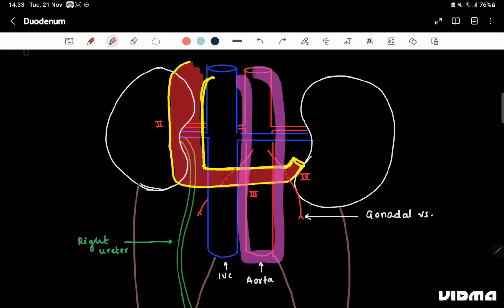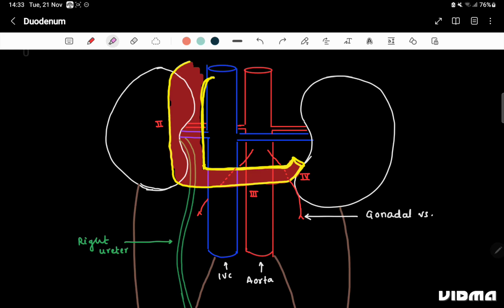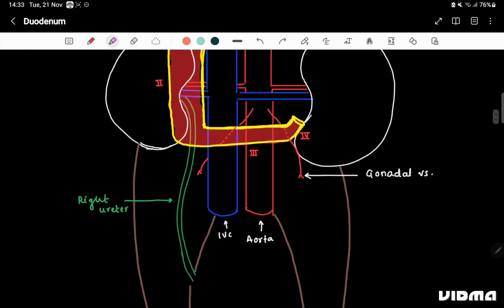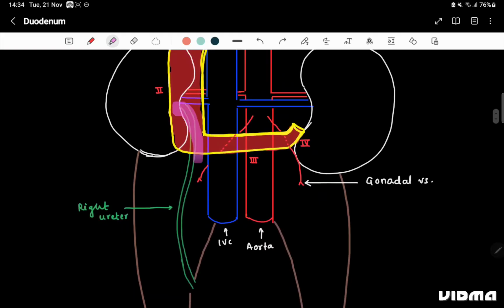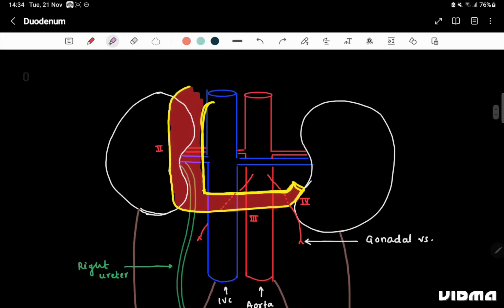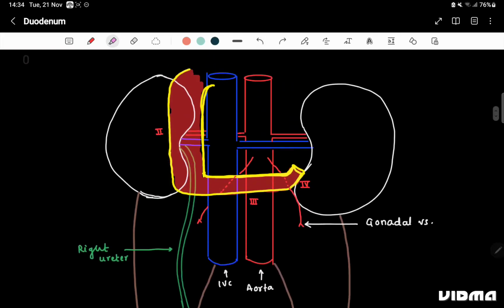And we have the abdominal aorta, giving two renal arteries. You know, renal arteries are direct branches of the abdominal aorta, and it is also giving the gonadal vessels. These are the gonadal arteries, and gonadal veins will also arise. And this is the right ureter, which will also form the posterior relation of the second part.